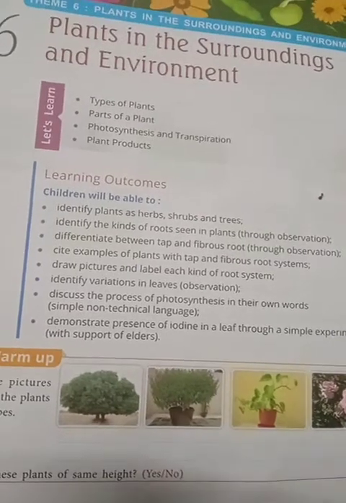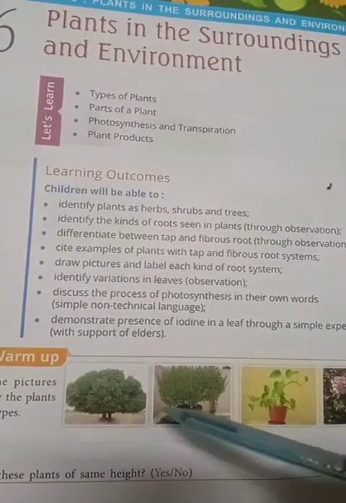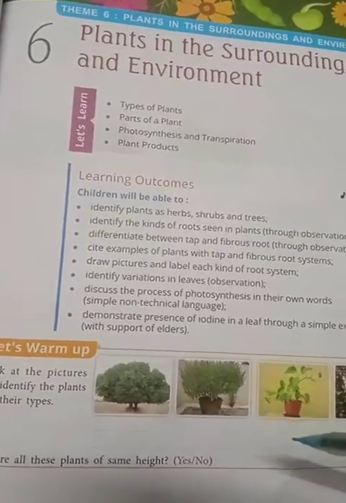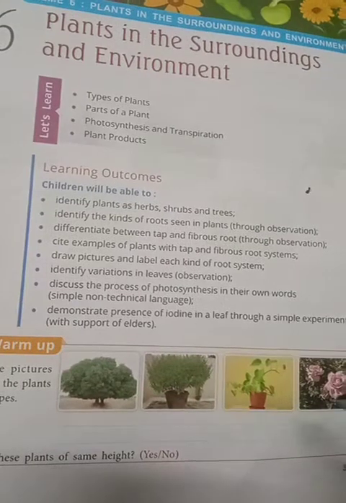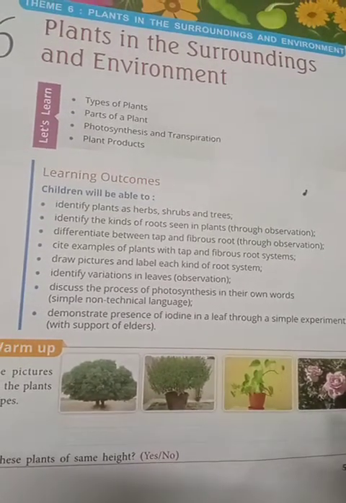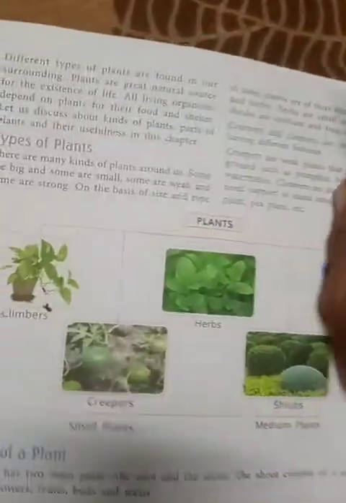On this page some plants are given, so you have to identify them and write their names. See it carefully. The types of plants we have to learn now. Turn the page.